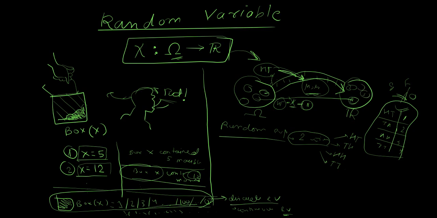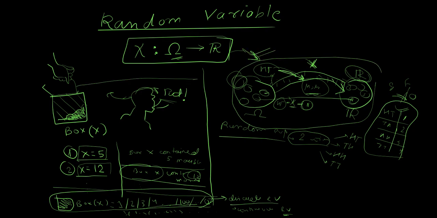This bridge is maintained by the random variable, between the set of real numbers and the set of all possible outcomes of the random experiment. So this is the meaning of the formal definition, and this is how I understand a random box which can take any number of marbles at a given time. The number of marbles is the value the random variable will hold. Hope you understand.